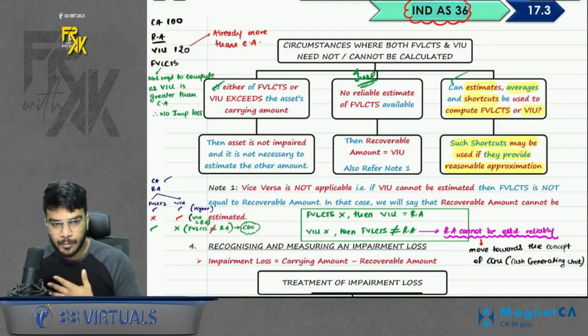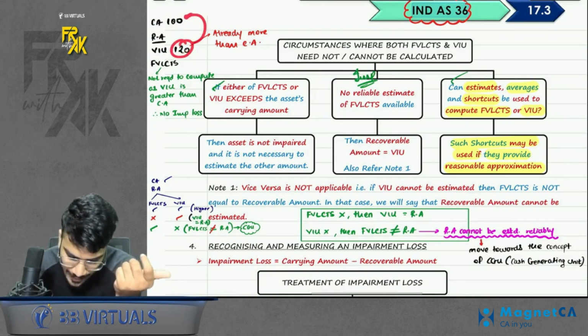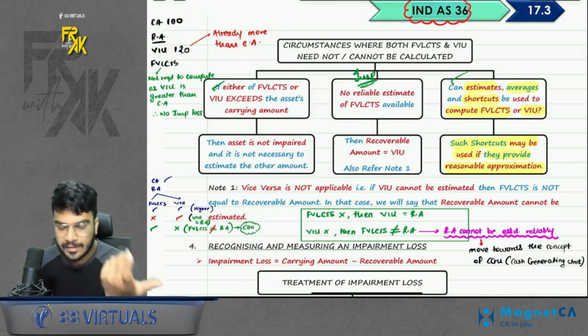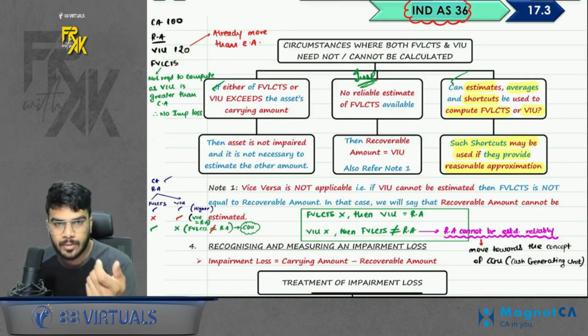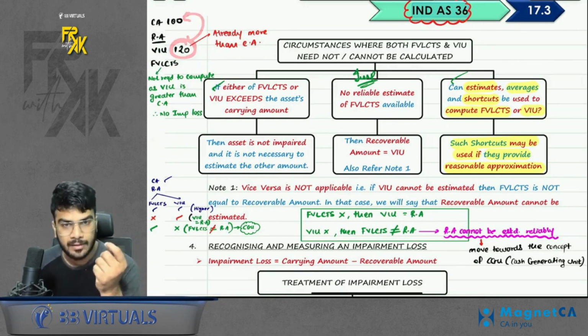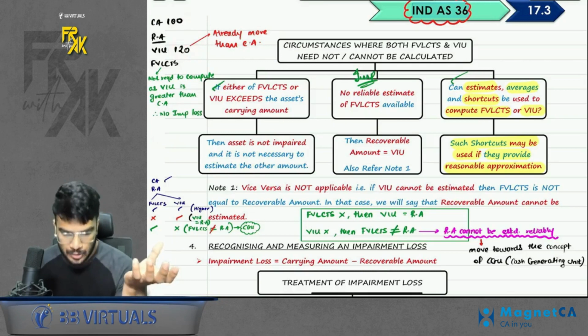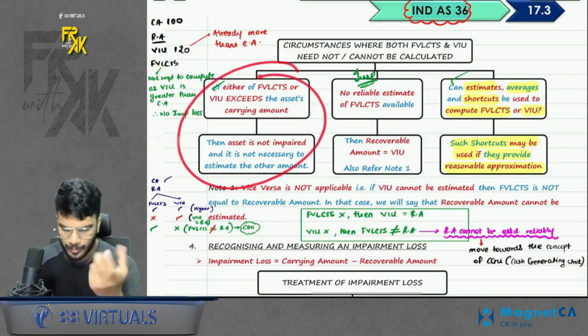If required, I can compute both. But I computed any one of these and this amount was already higher than carrying amount. The standard says we know that you can compute both, but no need to compute the other amount. Why? Because if you computed one amount and it is already higher than carrying amount, right? Then of course there is no impairment loss. So you need not calculate the other amount to save some time and resources. But only theoretical point, to be honest.